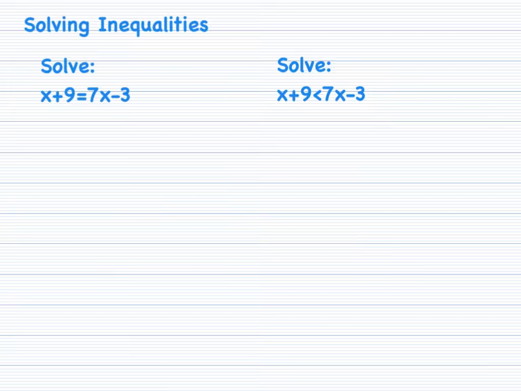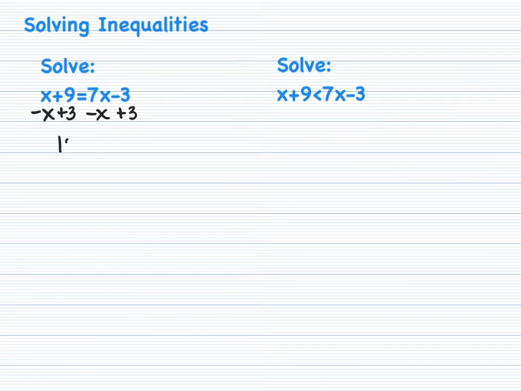Something that I want to note is how similar solving equations and solving inequalities are in terms of linear equations and inequalities. I'm going to start solving my equation by subtracting the smaller x from both sides, and I'm going to add this 3 to both sides with the purpose of getting my constants on one side.